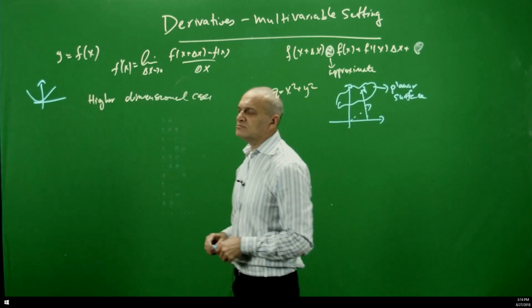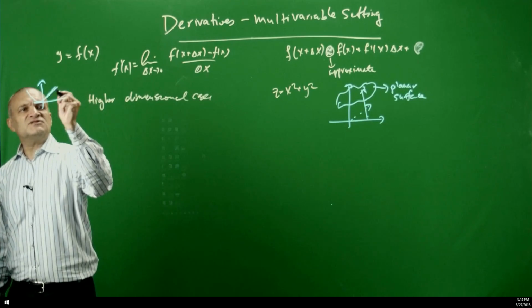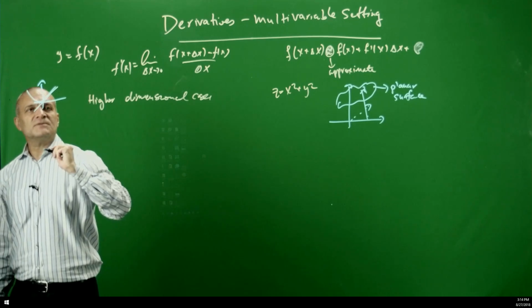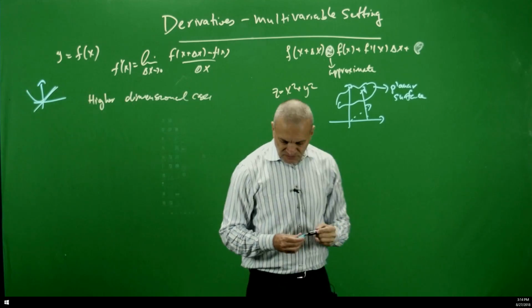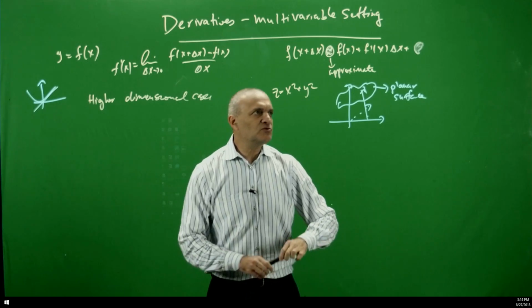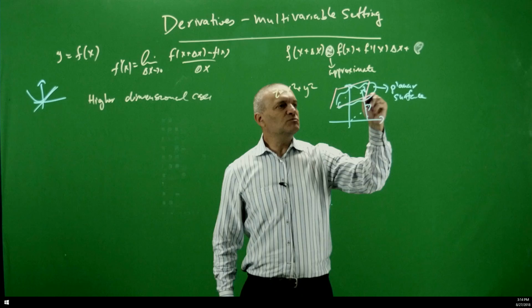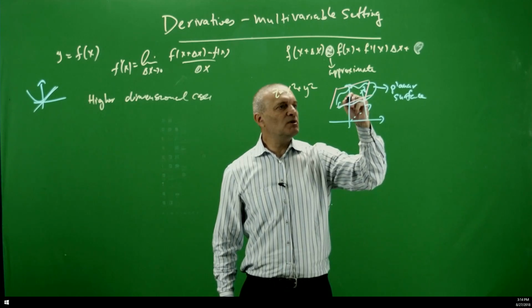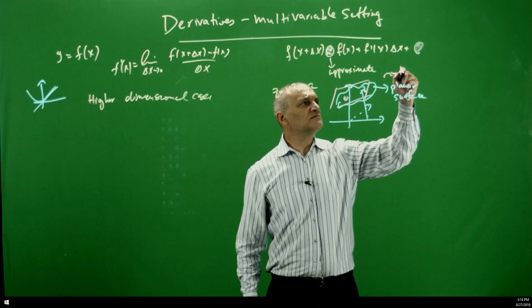I told you that in the one-dimensional case the derivative is just a tangent line. Here, the derivative is going to be a plane that will touch this surface in one point, let's say here. And this is going to be called the tangent plane.